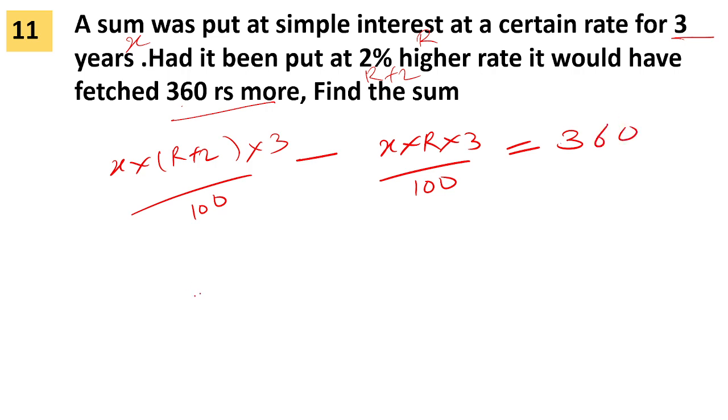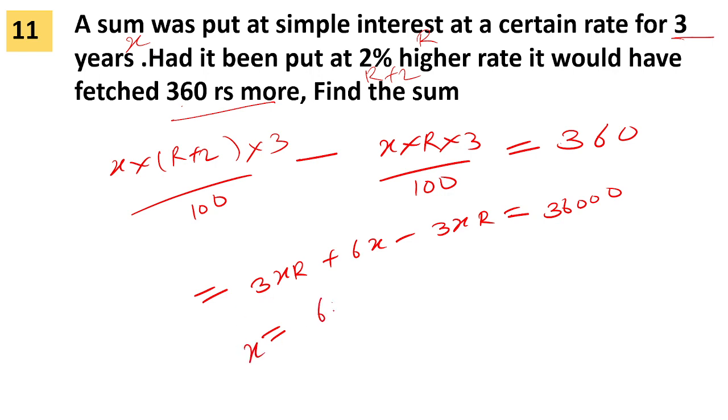After solving this, you will get the equation as 3xr plus 6x minus 3xr equal to 36000. After solving this, r will get cancelled and you will get x as 6000.